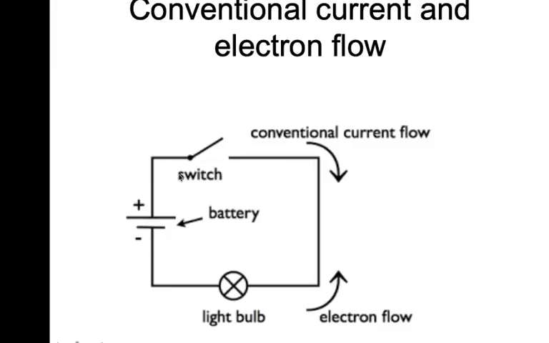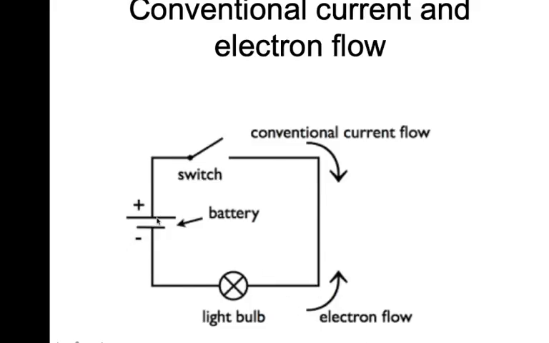And last but not least, we have this confusing idea of conventional current versus electron flow. So if you do watch that video, you'll find out that Benjamin Franklin, right, thought that we had positive charges moving through our conductor creating current. But we obviously today know that it's these free electrons that are moving.